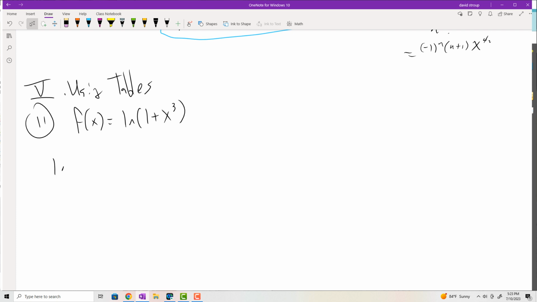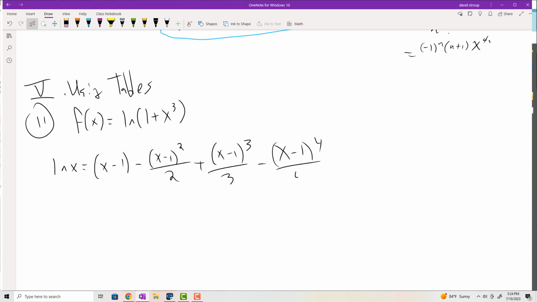I know from the table that ln of x is equal to x minus 1 minus x minus 1 squared over 2 plus x minus 1 cubed all over 3 minus x minus 1 to the 4th all over 4 plus blah, blah, blah. So to get ln of 1 plus x cubed, all I have to do is substitute, so I want to replace x with 1 plus x cubed.